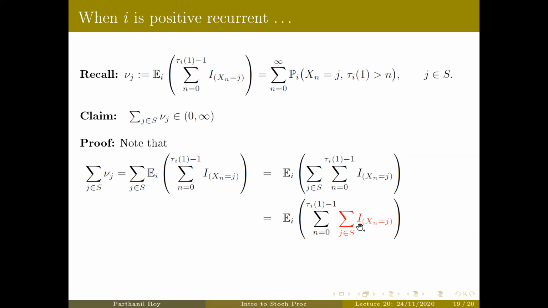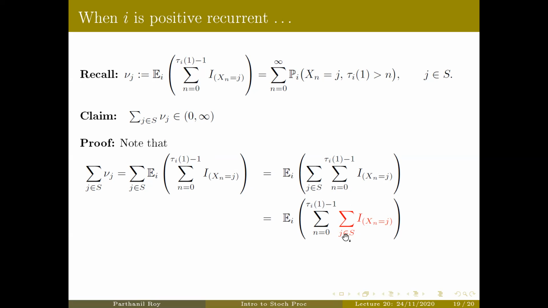The inside sum is essentially the sum over all j in S of the indicator that X_n equals j. For a fixed n, X_n will be equal to j for exactly one j and 0 for all the other j's. So this sum of indicators is always going to be 1.